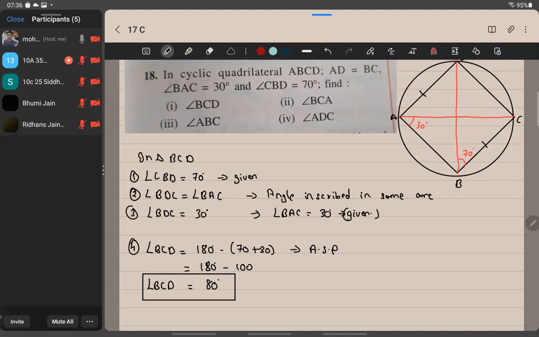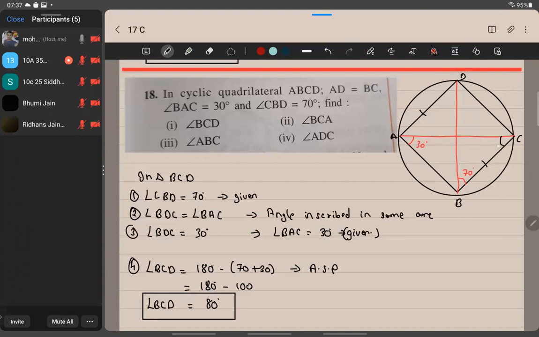Now AB, we have to find ABC or BCA. Now we have to find BC.